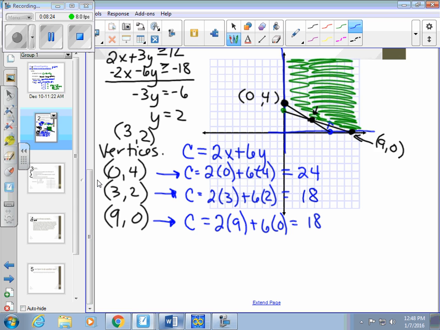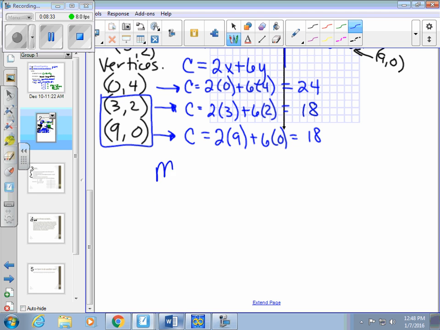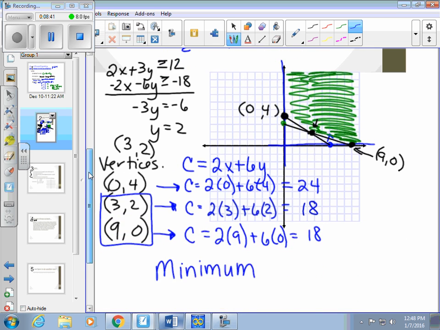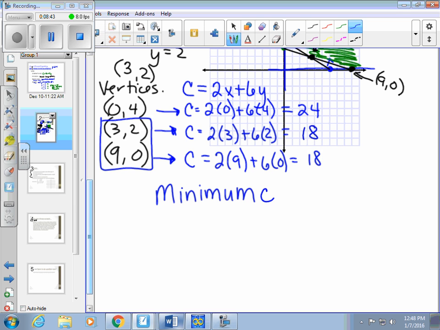Minimum values happen at 2 places. So how we're going to state this is that our minimum, if this was a cost, go back up to the top. Does it talk about what situation we're discussing? No, but let's say it was a cost. If it was a minimum cost, we'd say our minimum cost is $18.